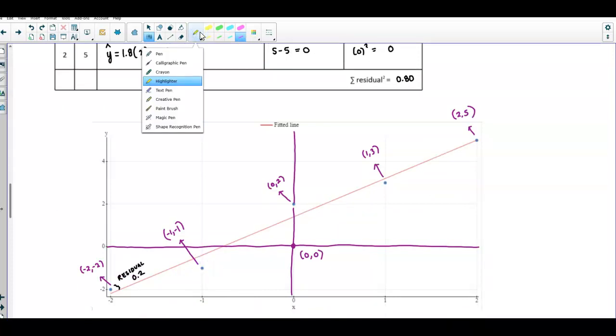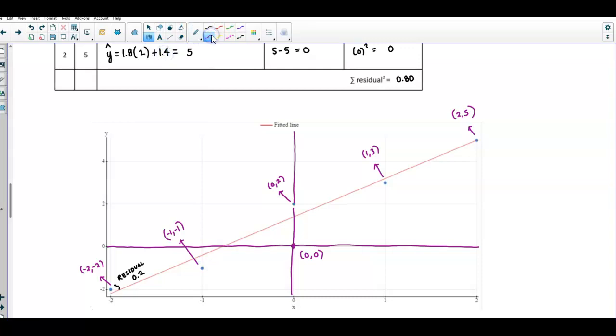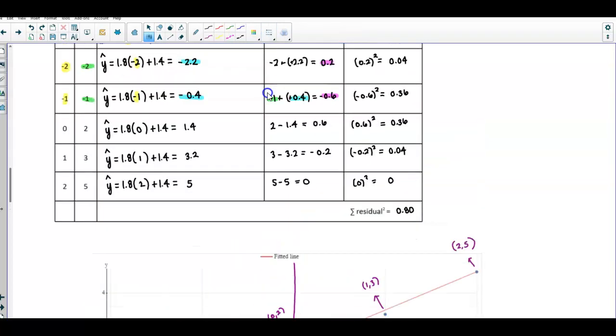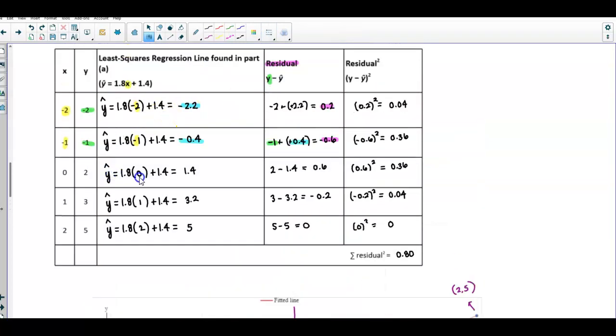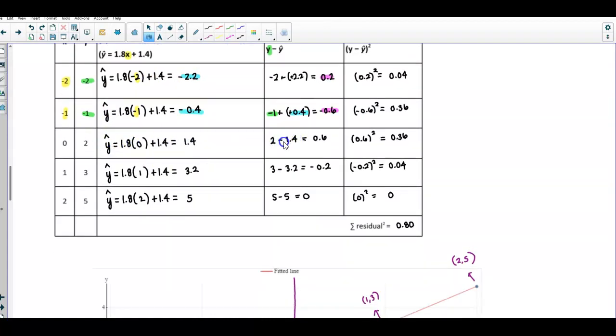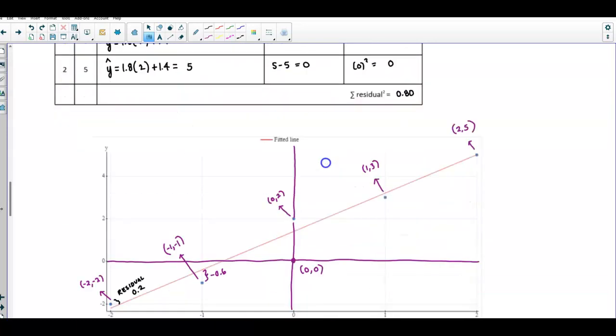So let me put that in there. So the distance is -0.6. Okay, and then we put 0 in here, we get 1.4. The y value of 2 minus 1.4 gives us 0.6. So that means that the residual here, or the distance, is positive 0.6.